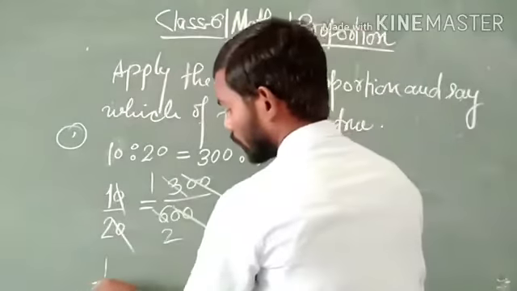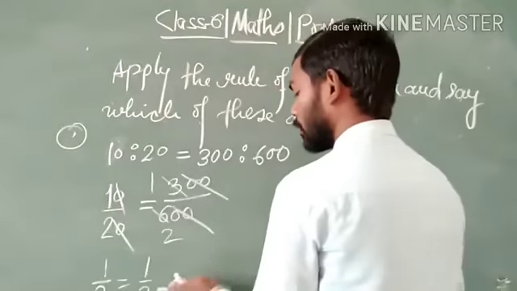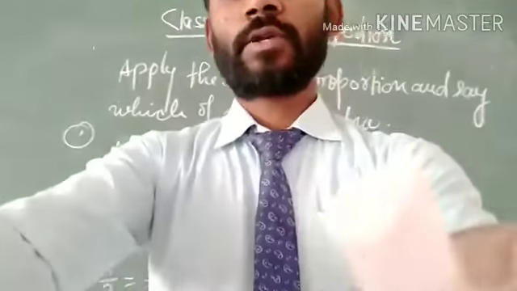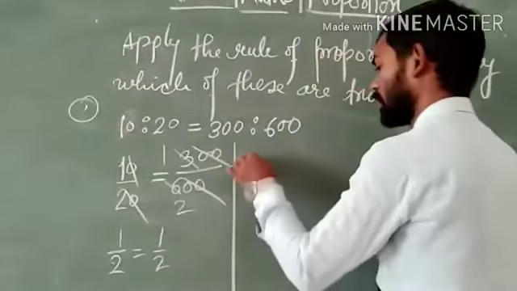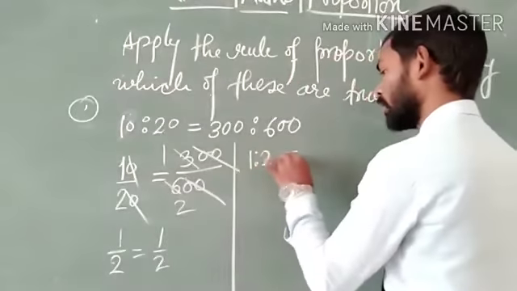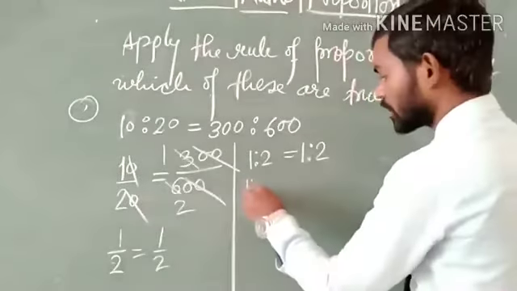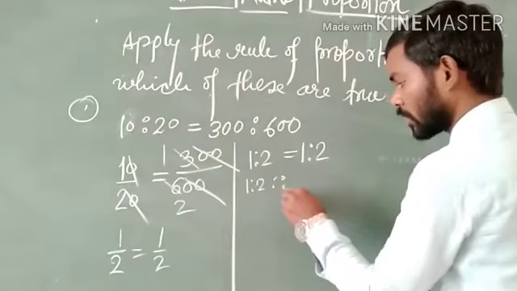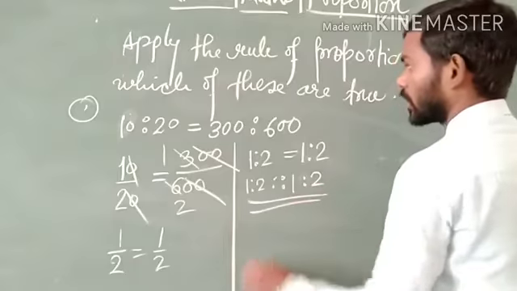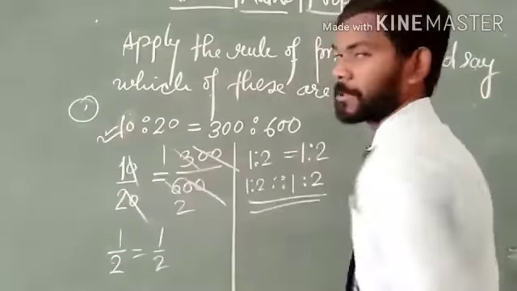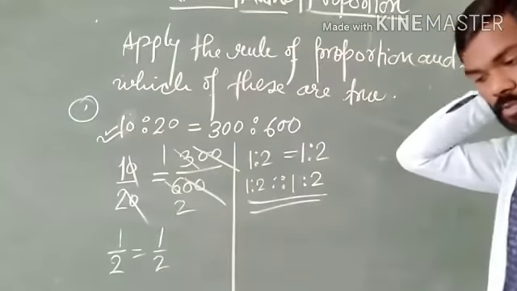So here we get 1 upon 2 is equal to 1 upon 2, which means that both ratios are equal, and hence we can say that 1:2 is equal to 1:2. So the first is in proportion.